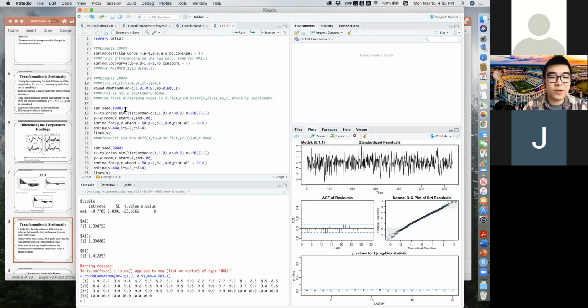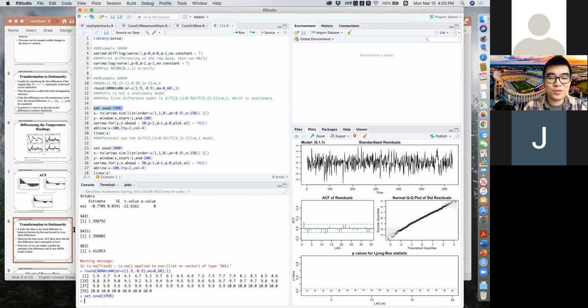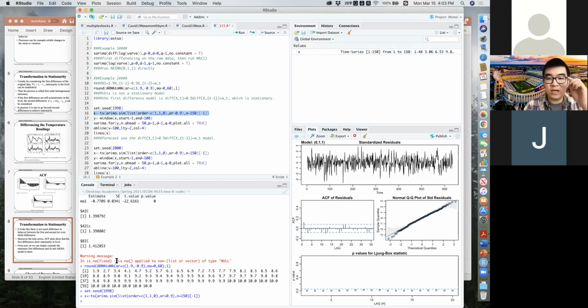Okay, so we first set the seed to 1998. Then we generate X. Okay, so this X again is generated by this ARIMA simulation. So it has order 110, right? Because it's an AR1 and we take the first difference. So it's a 110 model.